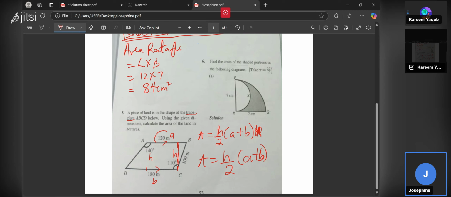Now, everything here is 110. I have cut out 90 degrees. So this place is 20 here. And this side is given to be 100. If I should bring this triangle out, I'm going to have it this way.